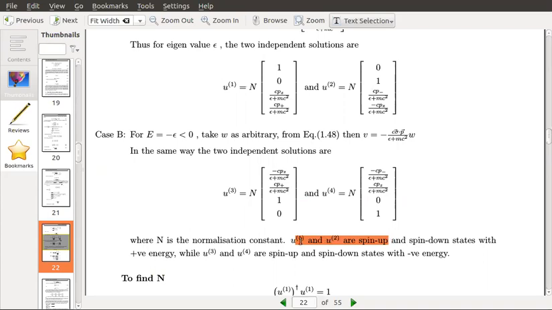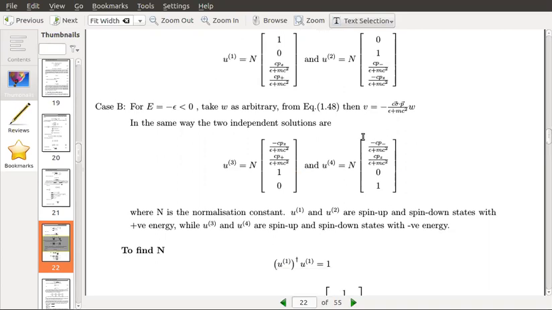U1 is like this, 1 0, and 0 1. I think we have already done this in non-relativistic quantum mechanics also. 1 0 means spin up, 0 1 means spin down. So spin up, spin down, both for positive energy. So U1 and U2 are spin up and spin down states with positive energy.